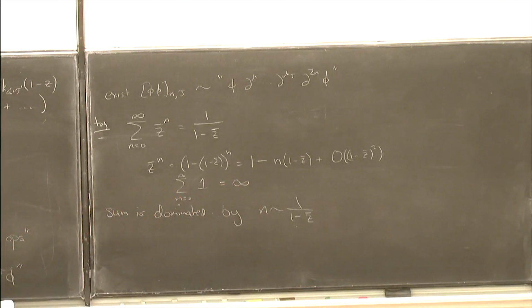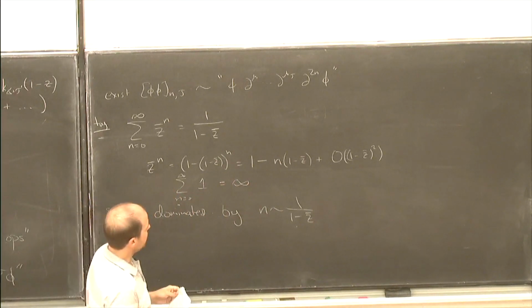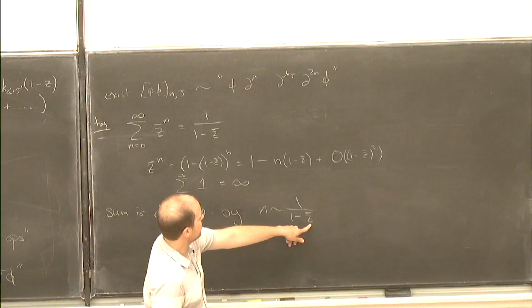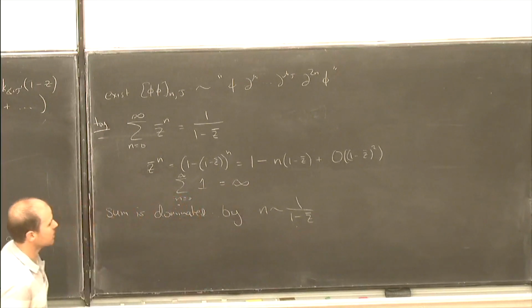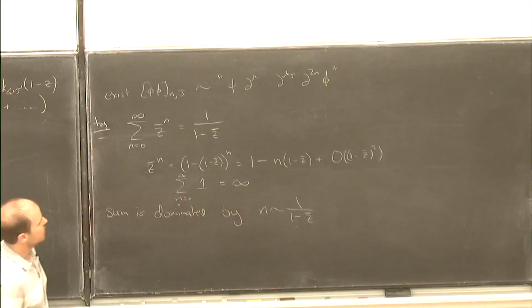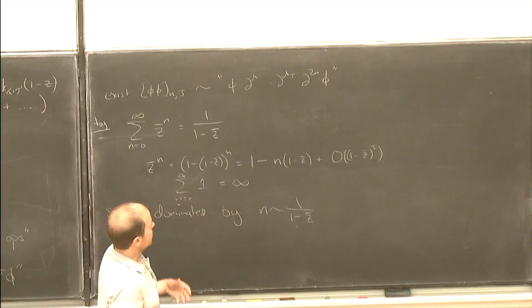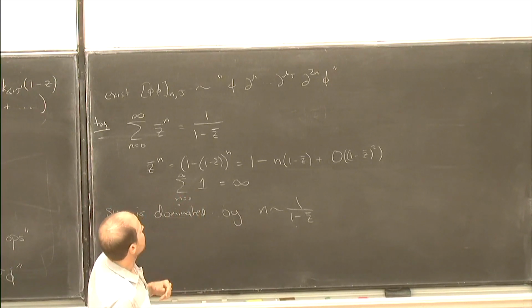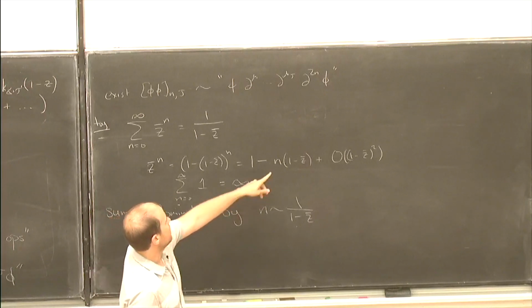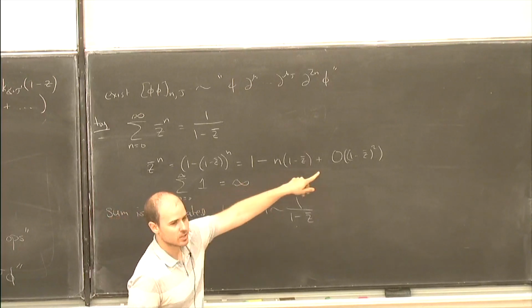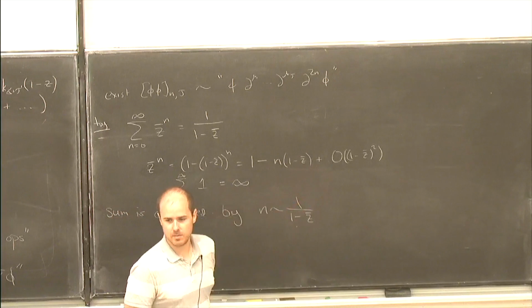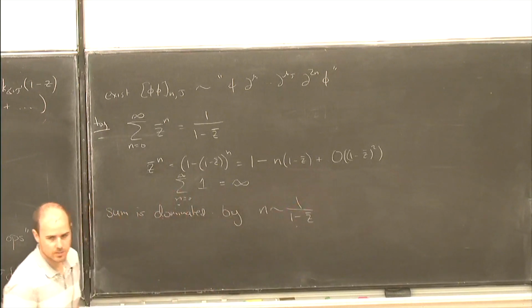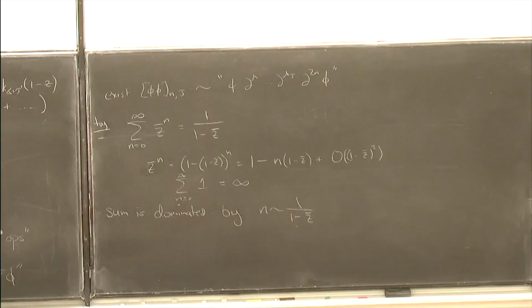So in the limit that z bar goes to 1, the sum is dominated by terms that are farther and farther out at higher and higher n. And here you can see that there's definitely a problem with this expansion if n is large at the same time that 1 minus z bar is small. So we need to use a different expansion.